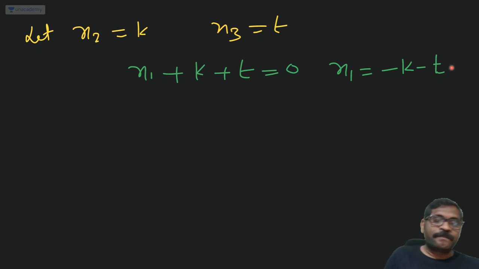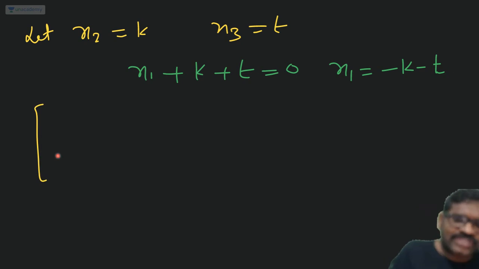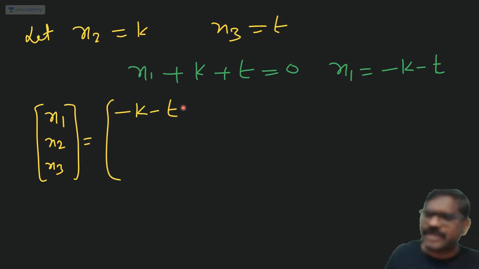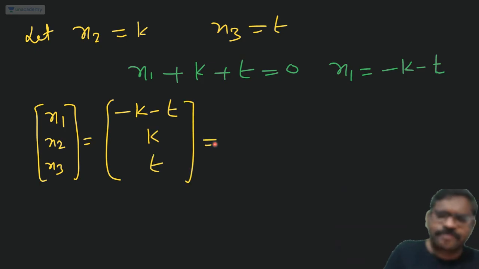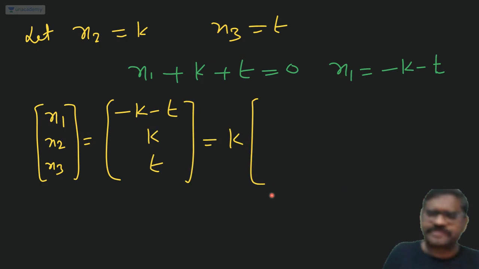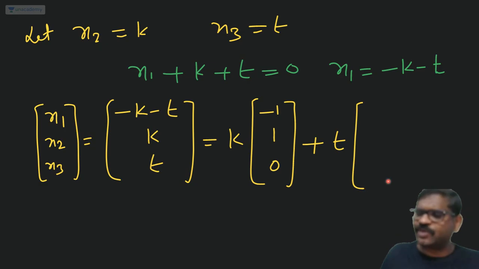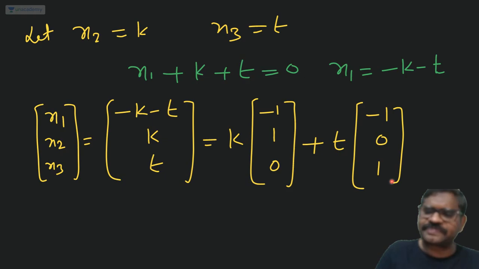Now x1, x2, x3 is minus k minus t, k, t. Take k common: minus 1, 1, 0, plus t common, you will get minus 1, 0, 1.